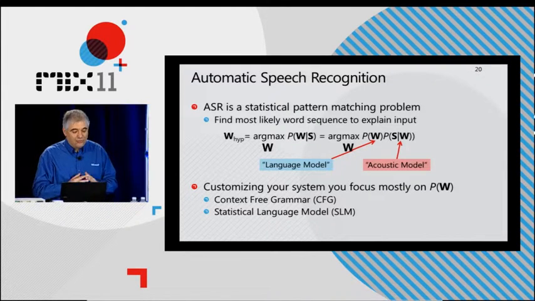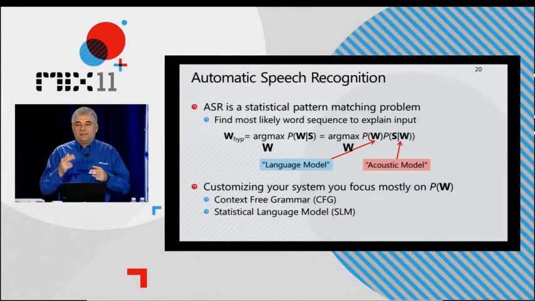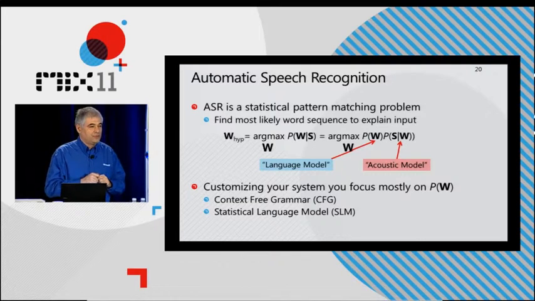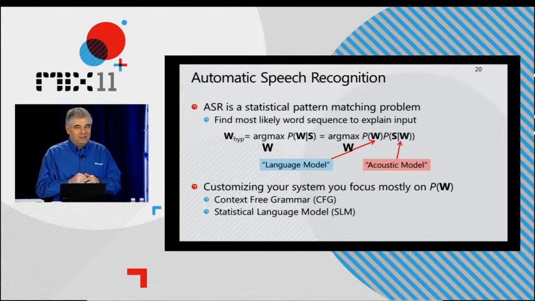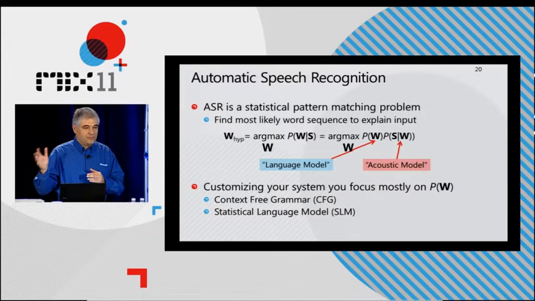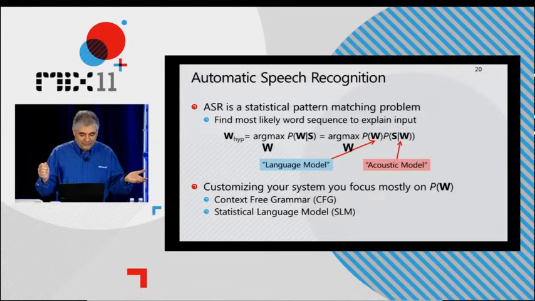The first is the so-called language model. This is the prior probability, what is the probability we have this word in this particular sequence. And the second is how similar is the sound sequence to this particular word. So one of them is called language model, and the other is called acoustical model.